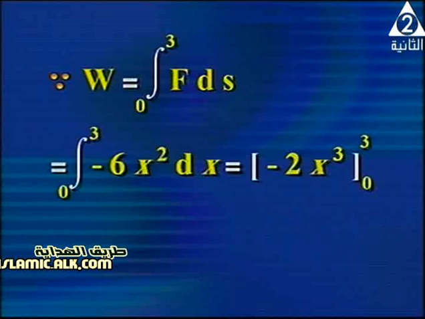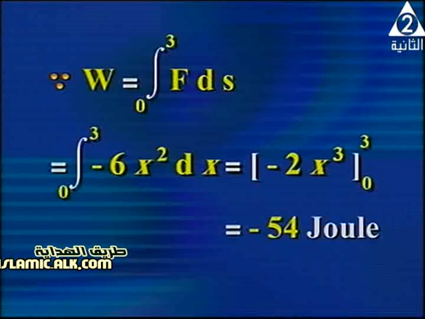By using substitution when x equals 3 and when x equals 0, then subtracting, the work done is negative 54 joule.